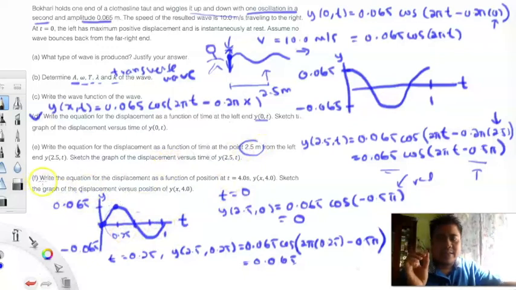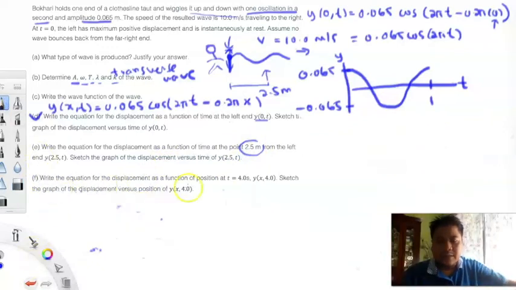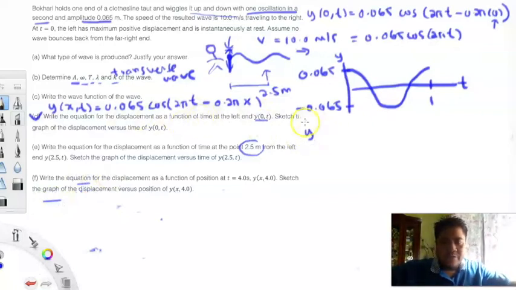Okay, next is write the equation for displacement as a function of position at time t. That means at 4 seconds, what would be the shape of the wave? What is the equation and what is the graph? All right, so we just use the general wave equation. So y at any position at 4 seconds.